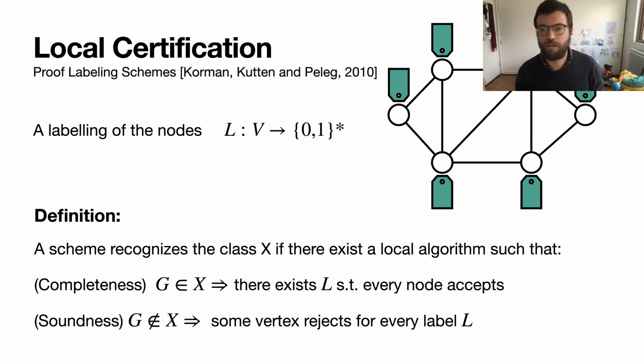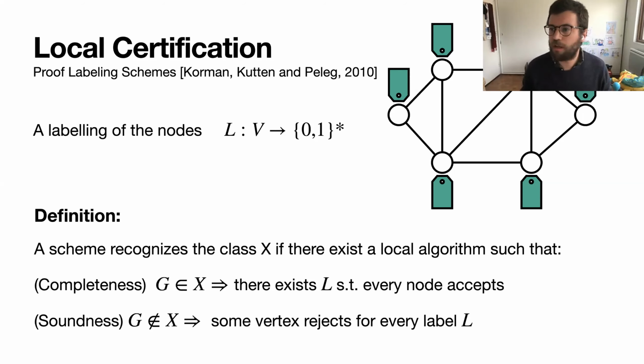So we look to local certification, or more specifically, proof labeling schemes introduced by Korman, Kutten, and Peleg. Here there is an untrustable prover that provides each node with a certificate. The nodes are allowed to look at the neighborhood and the certificates of their neighborhood, and with that decide if the graph has the desired property, in this case planarity.